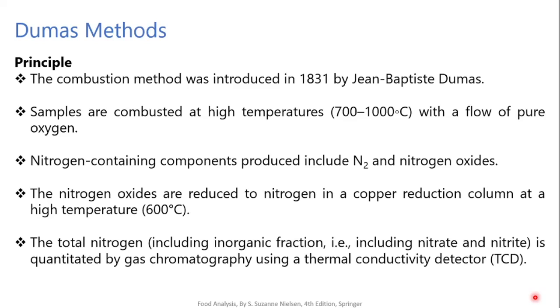The nitrogen determined is converted to protein content in the sample using a protein conversion factor, and in this way we calculate the amount of protein present in the given sample in terms of nitrogen.